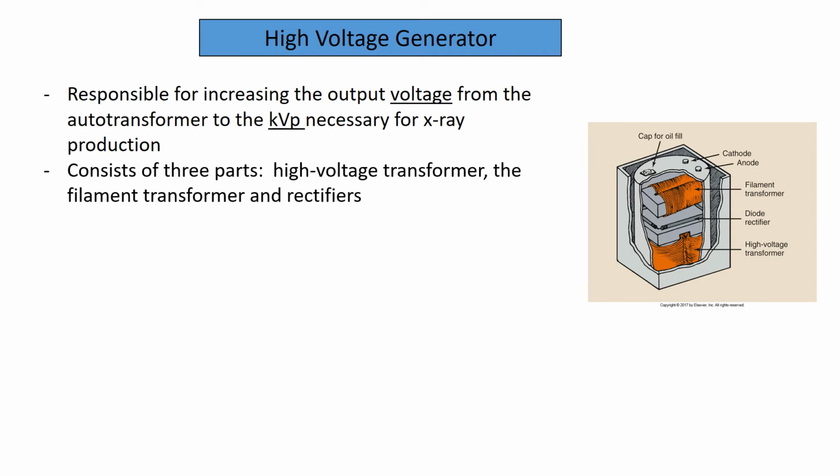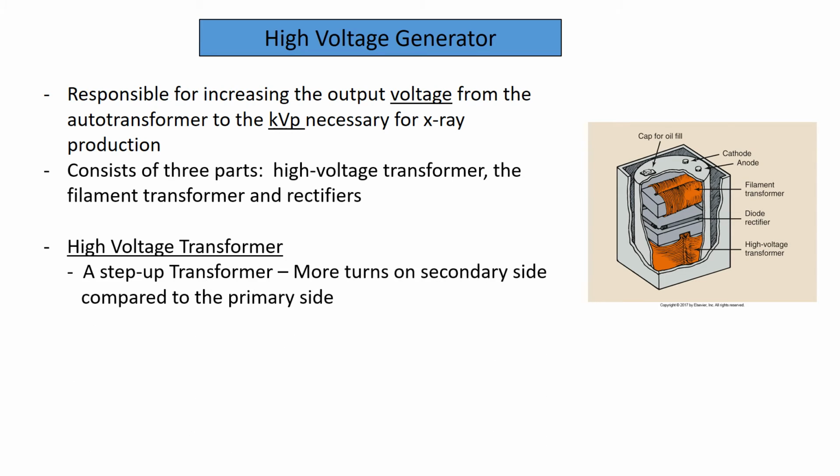So the high voltage generator consists of 3 parts: the high voltage transformer, the filament transformer, and then the rectifiers are in there too. You may say, well, what are the rectifiers? We're going to talk about those today. As far as the high voltage transformer, it's the step-up transformer. Remember, a step-up transformer means that there is more turns on the secondary side compared to the primary side.